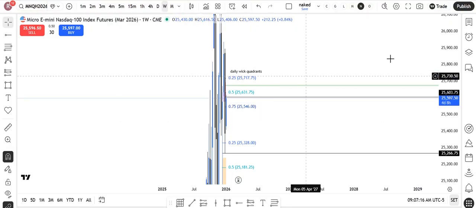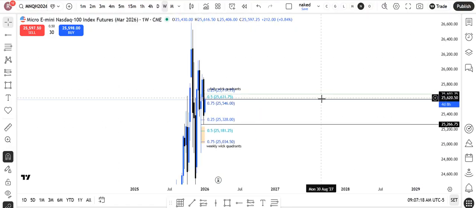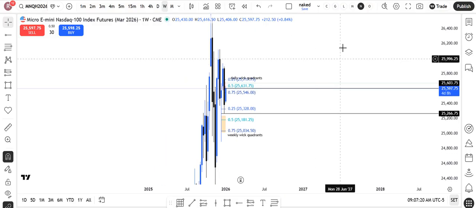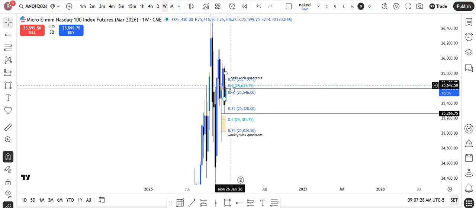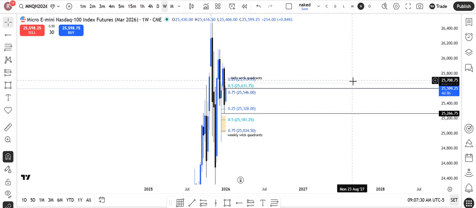Today's Monday, so I have the bulk of my confluences on my naked chart. Even though it says naked, I know it's not naked. I have the bulk of my confluences on higher time frames, because on Mondays I demand a lot more from price than maybe on a Tuesday, Wednesday, or Thursday.